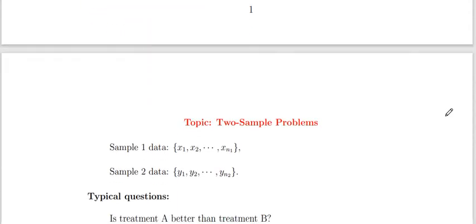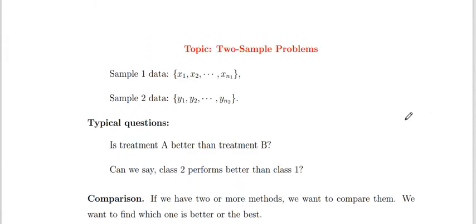Okay, for the two sample problem, we have two samples of data. From the first sample, we have x1, x2, up to xn1, with sample size n1, and another sample y1, y2, up to yn2, with sample size n2.